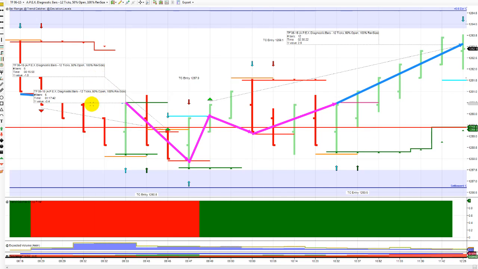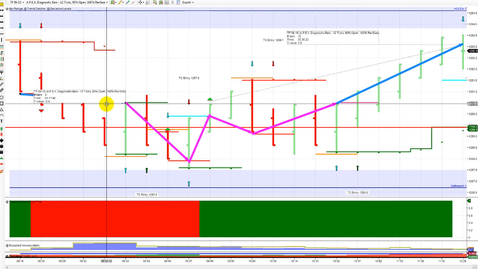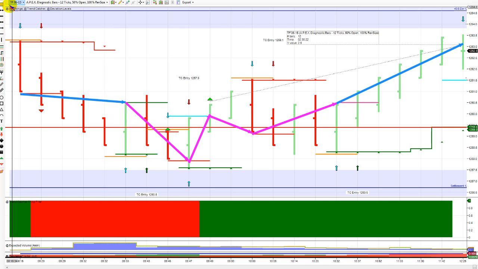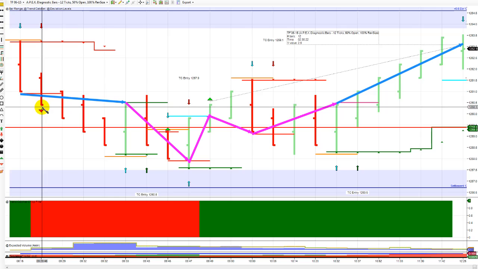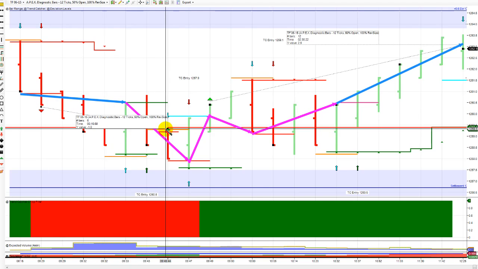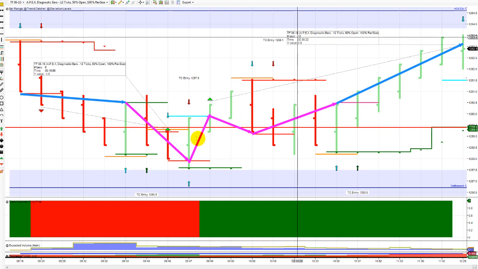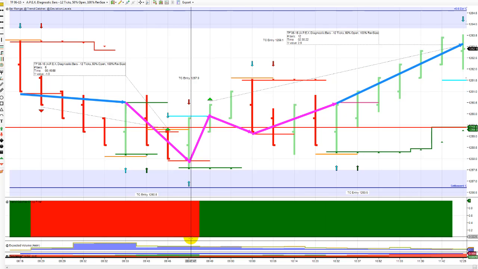So basically we had either... Oh, deleted the wrong one. Here to here. So either we have these 2 trades, or we have all of these trades by using the chop filter.